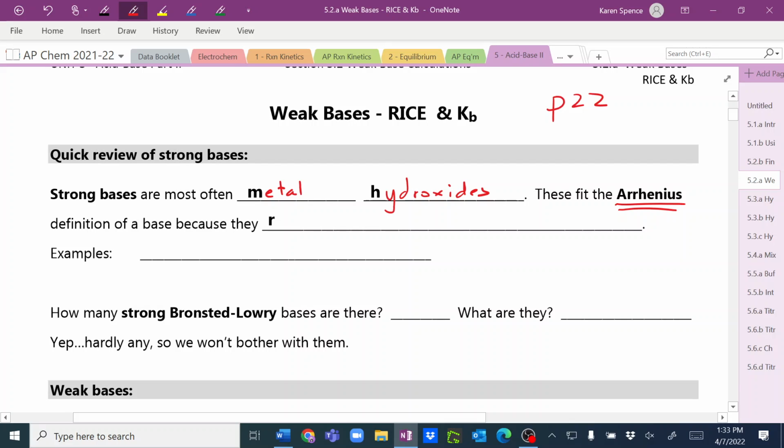And what is the Arrhenius definition of a base? They release OH minus in solution. Could you give me an example of a metal hydroxide base? NaOH, okay? Ba(OH)2.